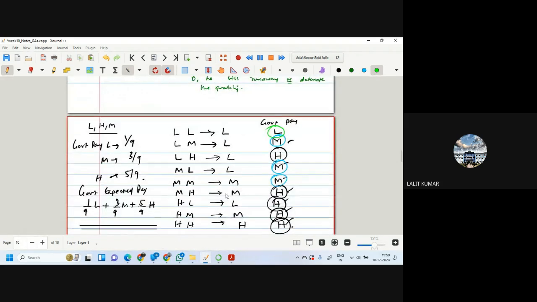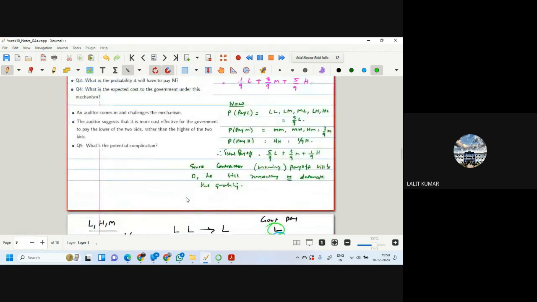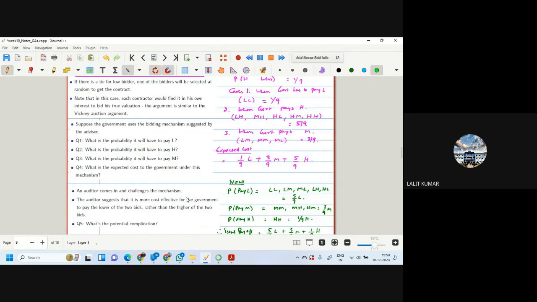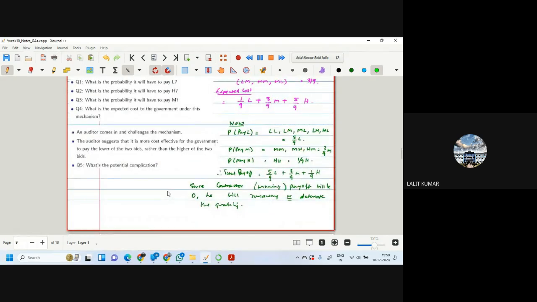When the government said that we will award the contract to the low bidder, but we will pay him the amount quoted by the other bidder, then the contractors will bid their true value. Now the second part: an auditor comes and challenges the mechanism.